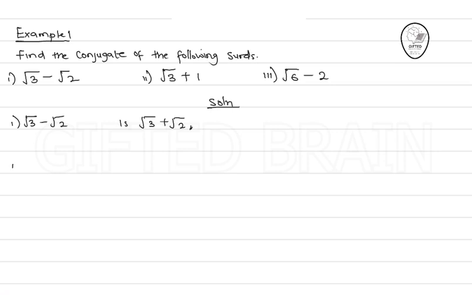For the second one, root 3 plus 1, the conjugate is root 3 minus 1. And lastly, the third one, root 6 minus 2, the conjugate is root 6 plus 2.